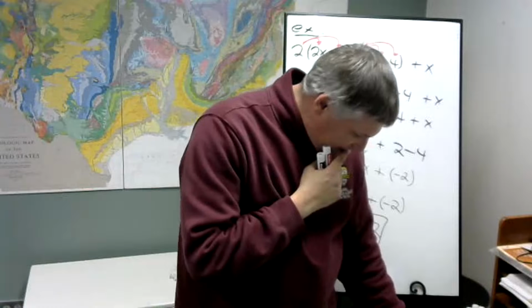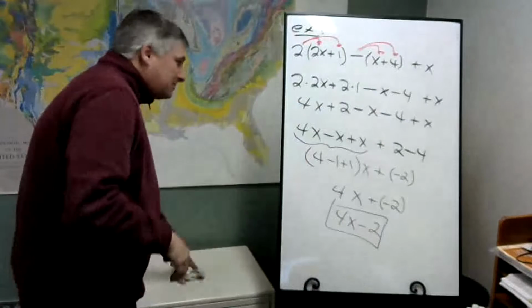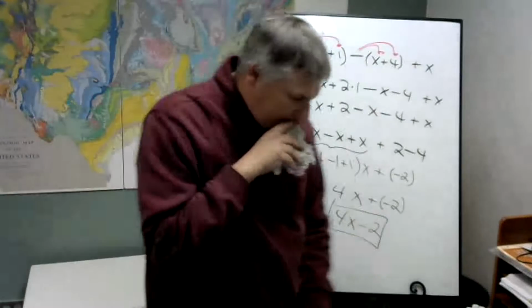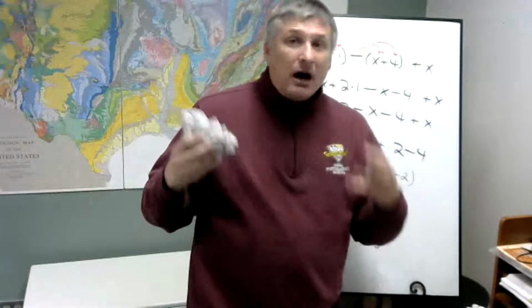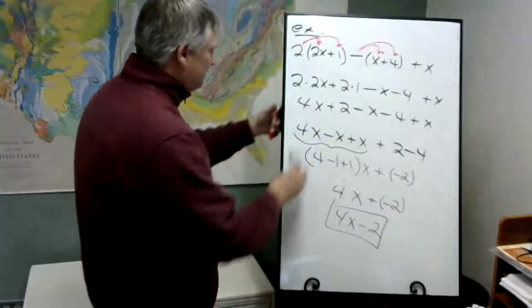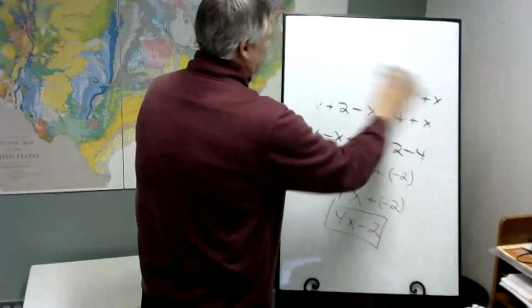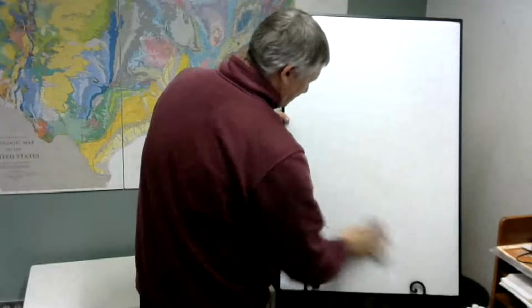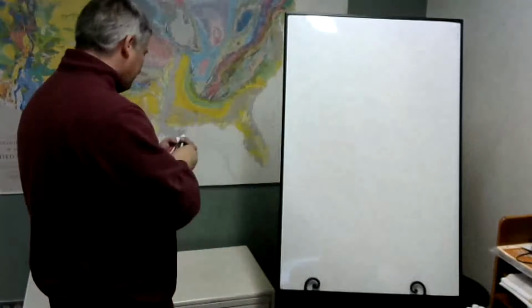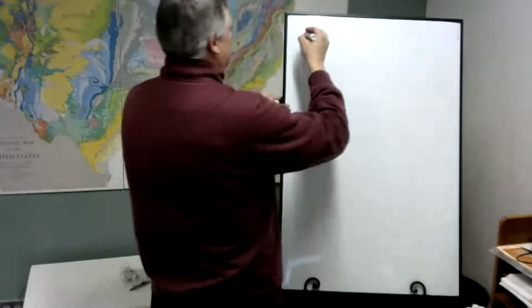Let's see. So I do want to go over why we don't combine unlike terms. So let's say we have this.